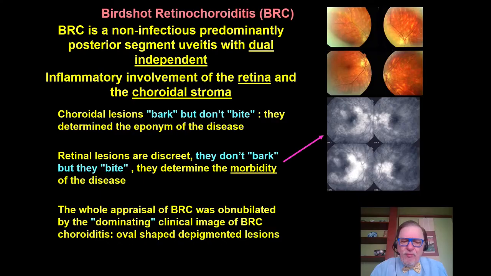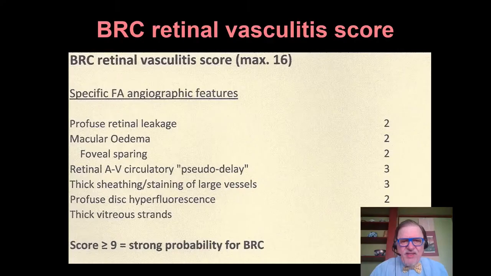The whole appraisal of birdshot was obnubilated by the dominating clinical image of birdshot choroiditis, oval-shaped, depigmented lesions, which, when they are present, already determine that the disease is well advanced.